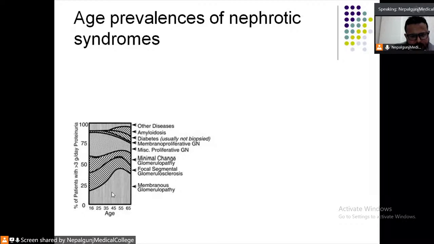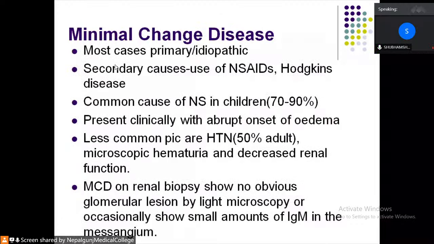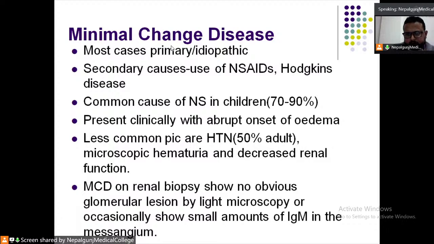So membranous glomerulonephritis is the most common cause of nephrotic syndrome in the adult. Now minimal change disease. Most cases are primary or idiopathic, which means you do not know the cause.